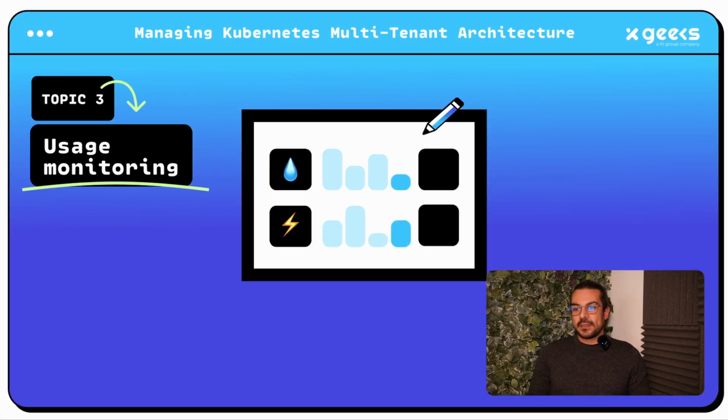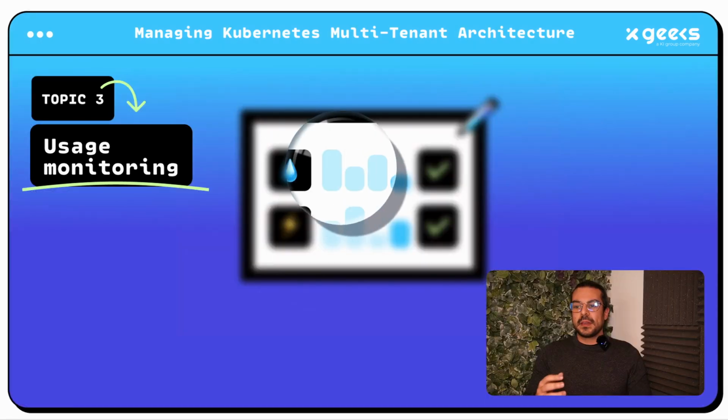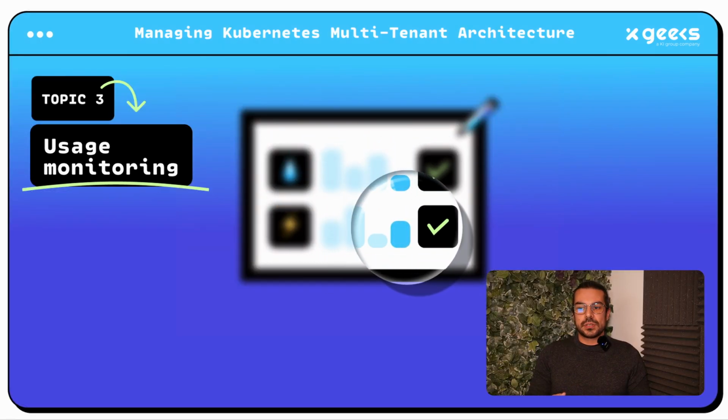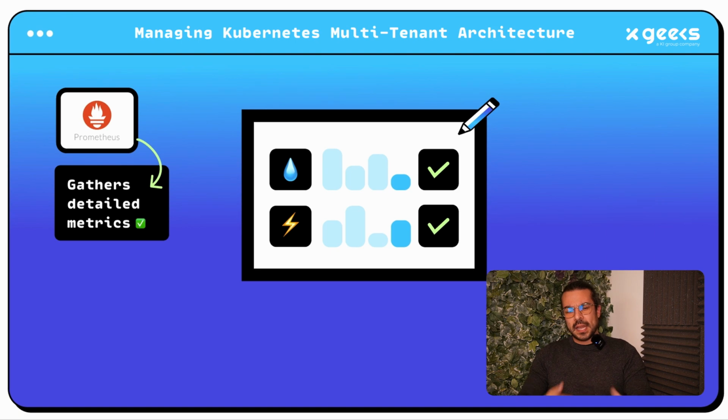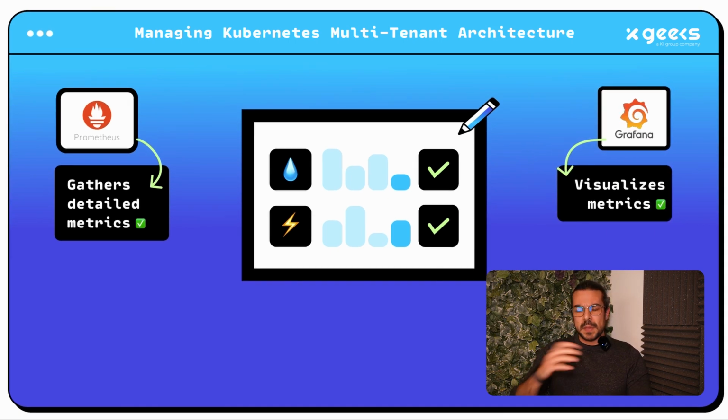It's important to understand what is happening inside our clusters, and how tenants use the resources. Imagine that it's like keeping an eye on utility usage in our apartment. We need to ensure that everything runs smoothly. Tools like Prometheus can gather detailed metrics, and Grafana can turn these metrics into something human readable.